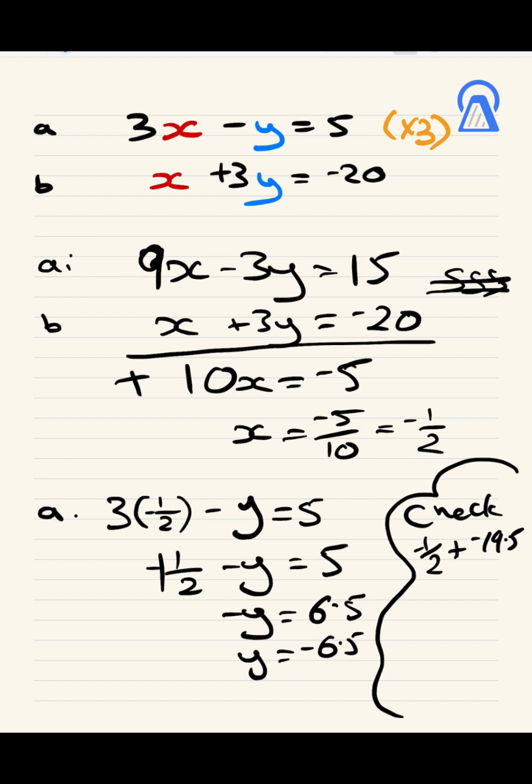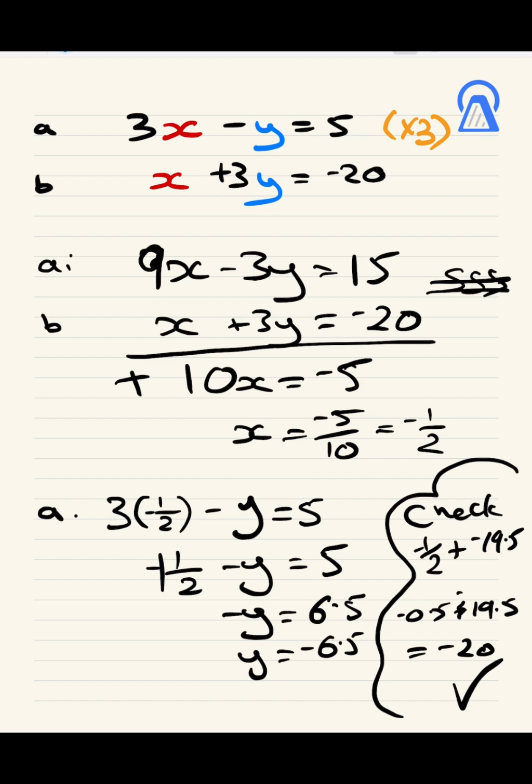Sorry, I've written one as a half and one as a decimal there, apologies. So really that's negative 0.5 minus a further 19.5, and that does equal negative 20, which means we know that we've got our equation correct.